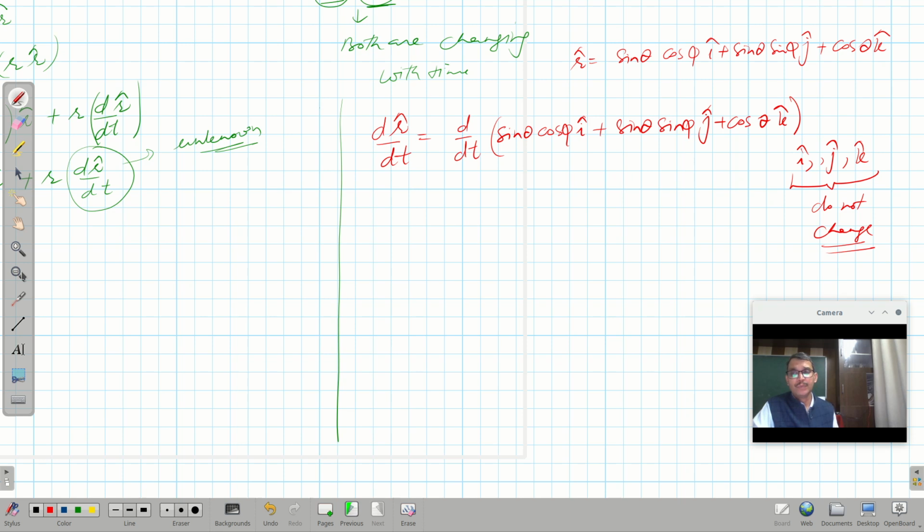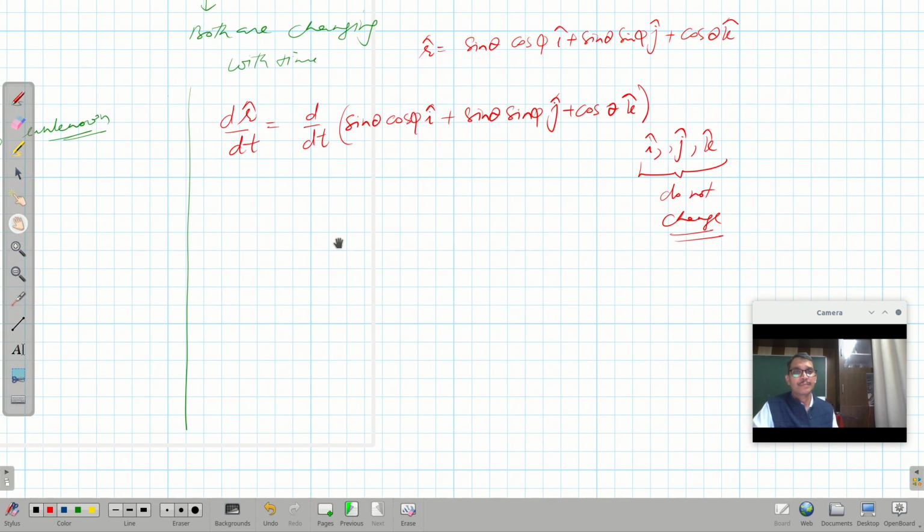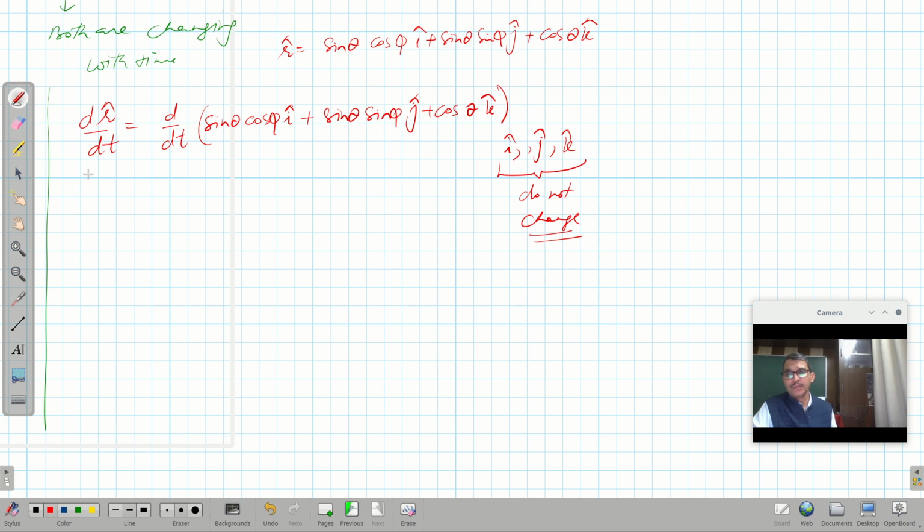What do we do to find its derivative? Let us proceed as follows. Let us first find this part. It is d upon dt of sine theta cos phi, and i cap will remain as it is, plus d upon dt of sine theta sine phi, and j cap will remain as it is, plus d upon dt of cos theta k cap.